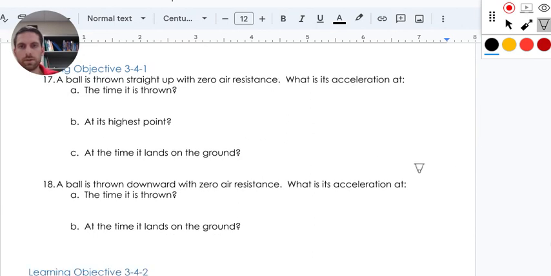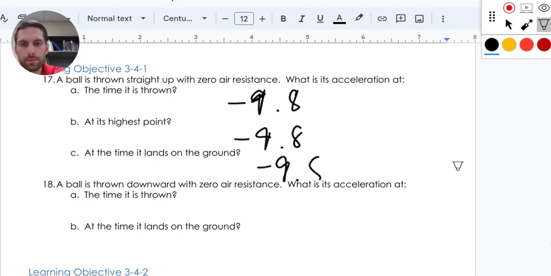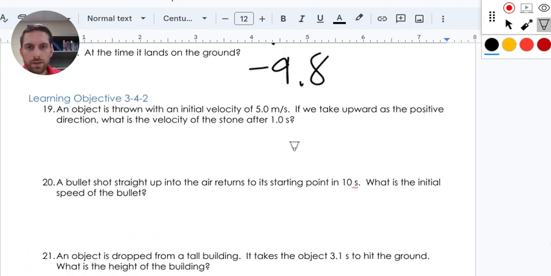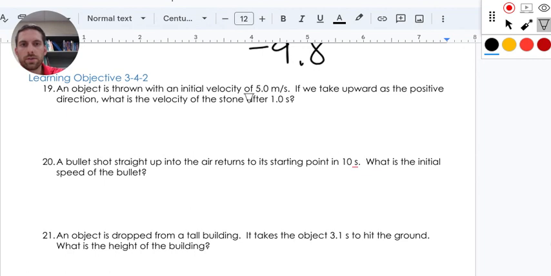Alright. For this, we're just going to use negative 9.8. Initial velocity there, upward is positive.